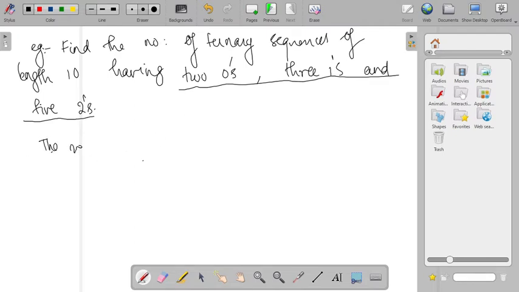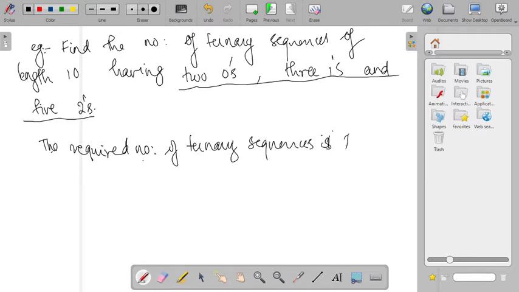So the required number of ternary sequences is the number of permutations of the multi-set.